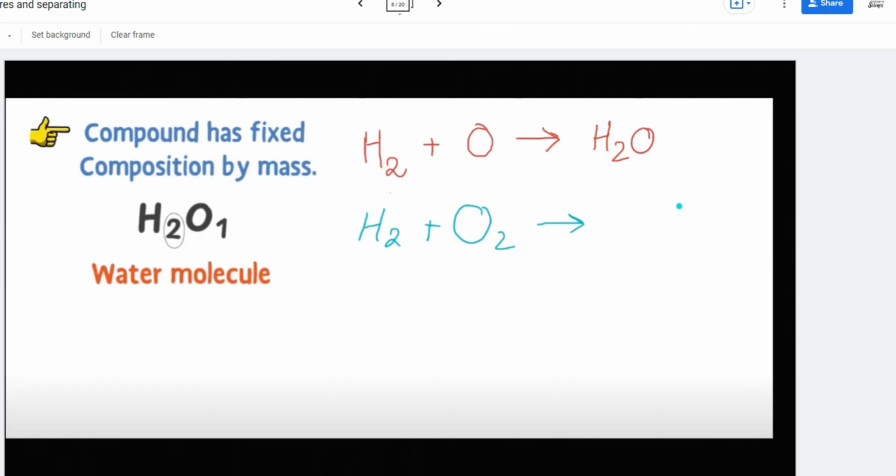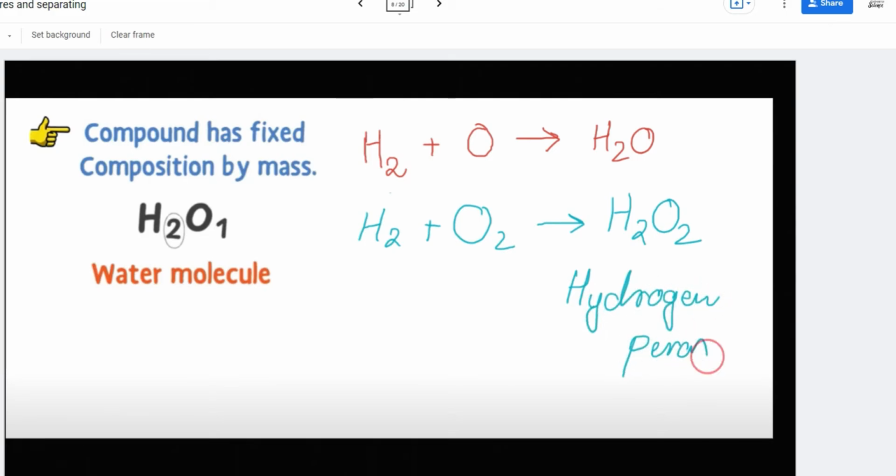The answer is no. Once you add another oxygen, a totally different compound is produced, named hydrogen peroxide, H2O2. So what did I do? I just added 1 oxygen, and the thing changed.